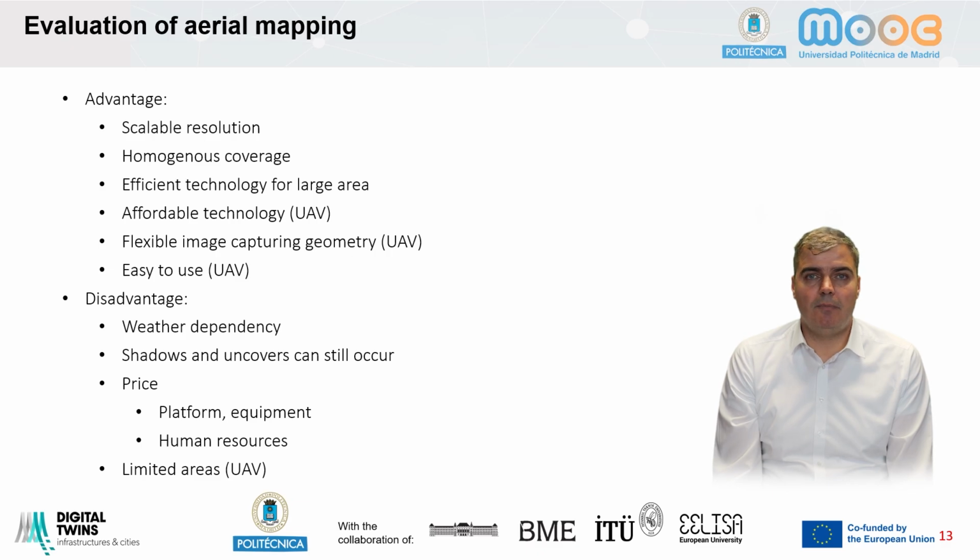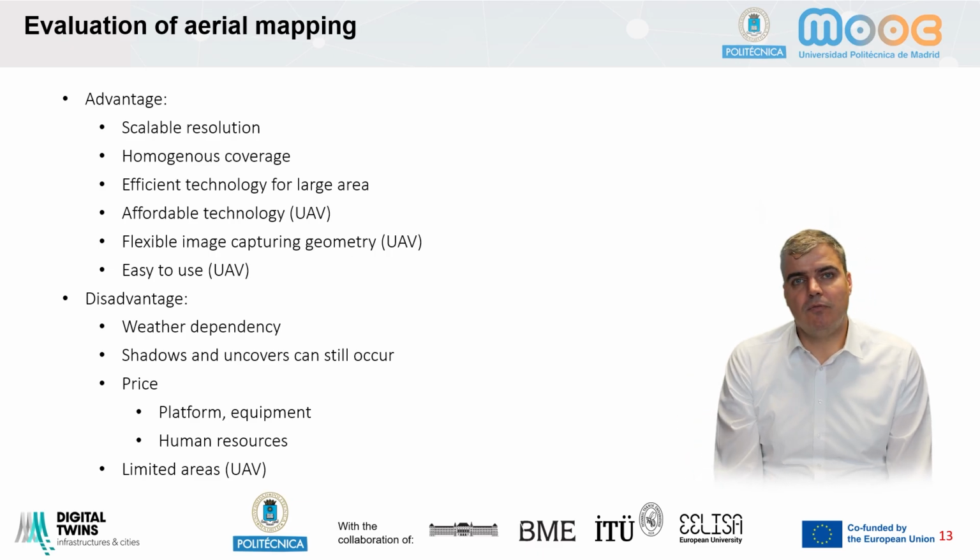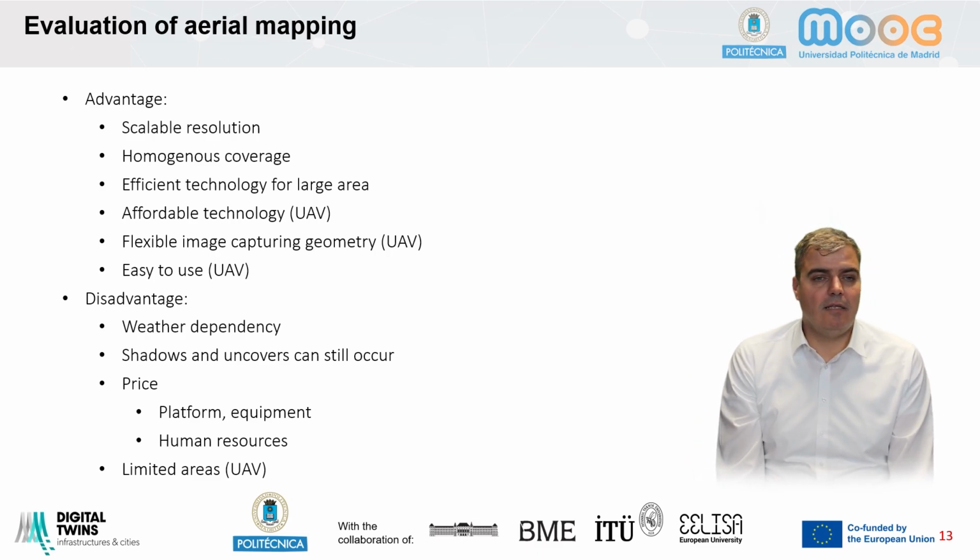It's obviously weather dependency. If there is strong wind or rain, you cannot fly your drones. The shadows and uncovered areas can still occur, so at certain times of a sunny day, in the shadowed area, it's hard to recognize any kind of objects. The price can be a disadvantage, especially for traditional aircraft.